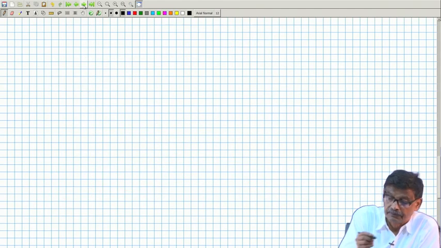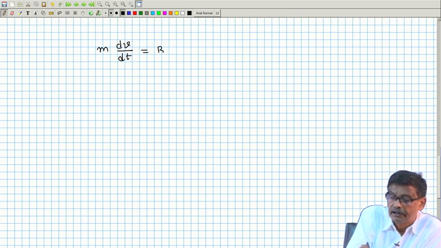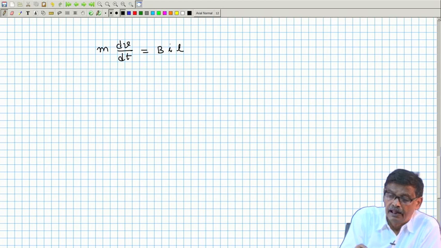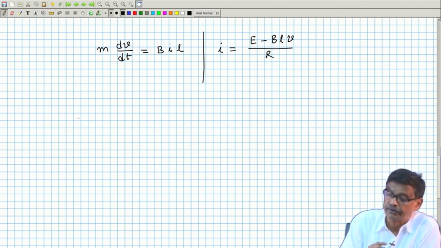M dv/dt is equal to BIL, and the second equation, the expression of the current, is I equal to the supply voltage E minus the back EMF, that is BLv, divided by R. These are the two equations we have got.